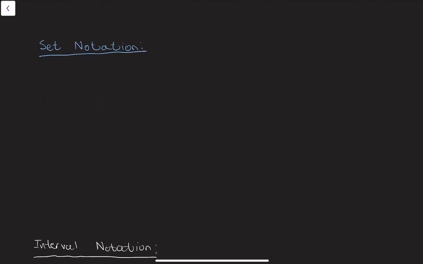So moving on, let's talk about set notation. Set notation is just a way of writing down a set of elements, objects, inequalities, of anything. We write them with curly brackets. Note, I didn't say just numbers.